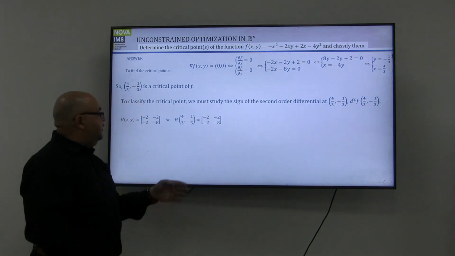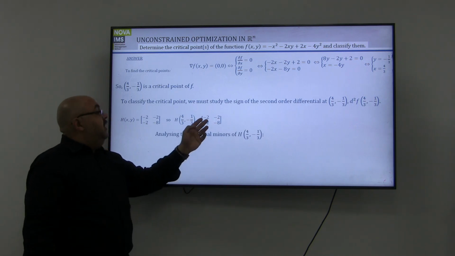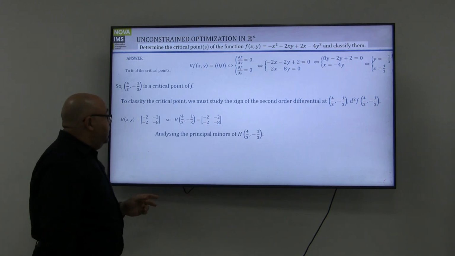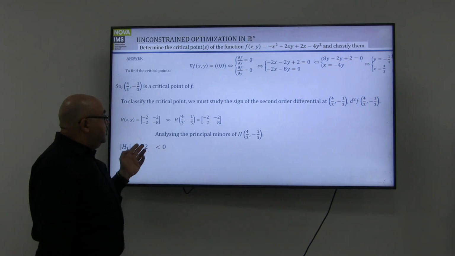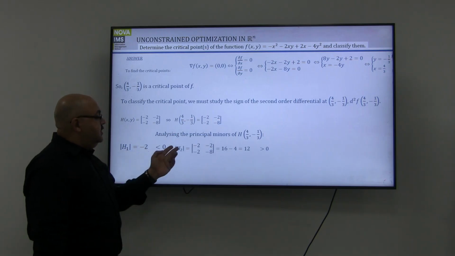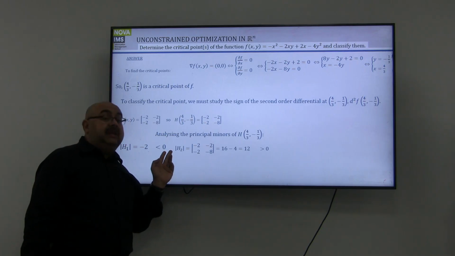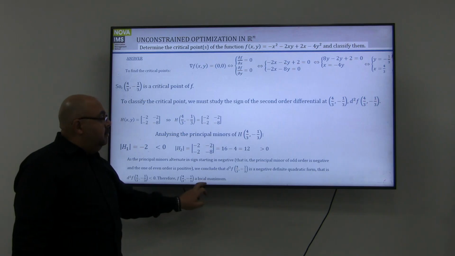Evaluate or classify the type of this Hessian matrix, or evaluate the determinant and compare. The mixed partials are exactly the same. I'm getting the principal minors of this matrix: the first is negative, then the second is positive, so it's negative definite. Once it is negative definite, this represents a local maximum, as you can see.